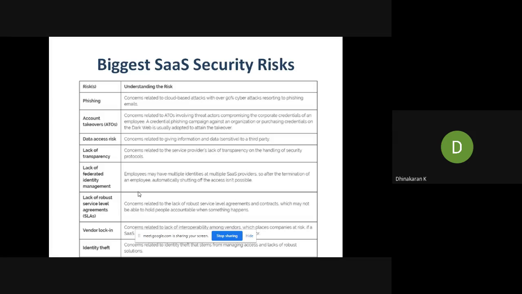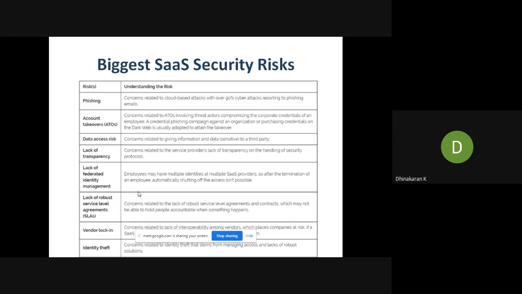This is one type of risk given in SaaS security. Then lack of transparency. What does lack of transparency mean? It is a concern related to service providers, lack of transparency on the handling of security protocols. Transparency in terms of cloud is what service I, as a service provider, provide to my consumer, and what resources the consumer consumes from the service provider.